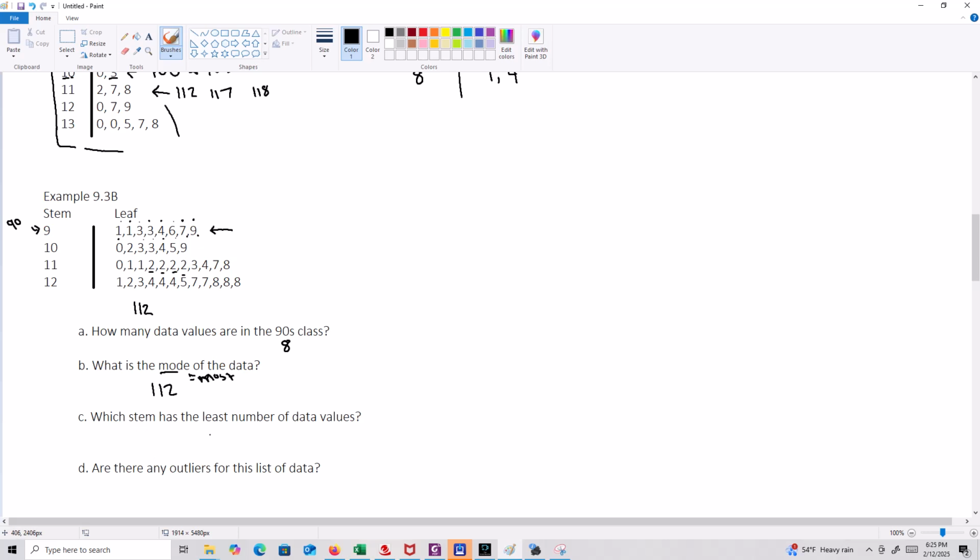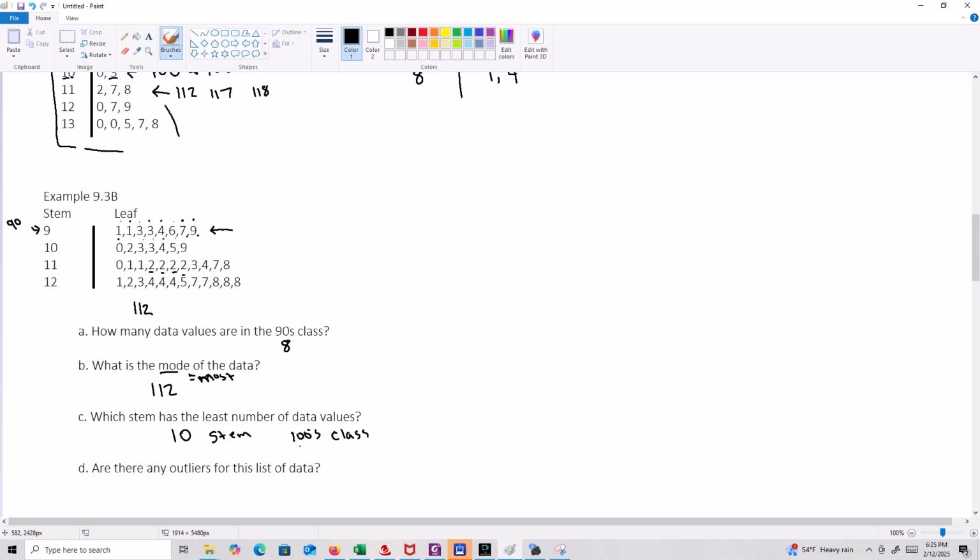Which stem has the least number of data values? It looks like it's 10. 10 is the stem, and it only has 3, 4, 5, 6, 7 data values. So the 10 stem represents the hundreds class.